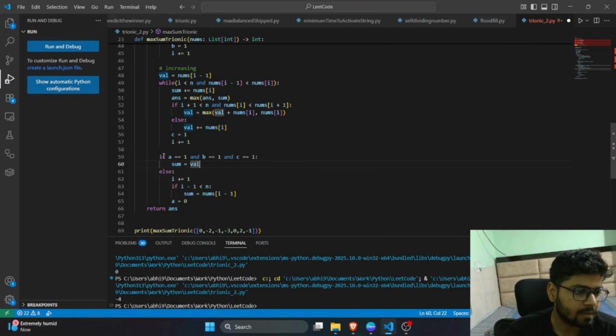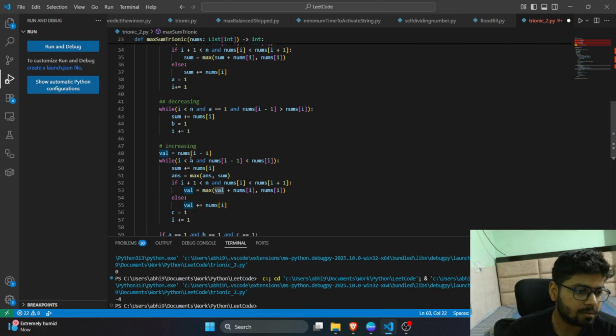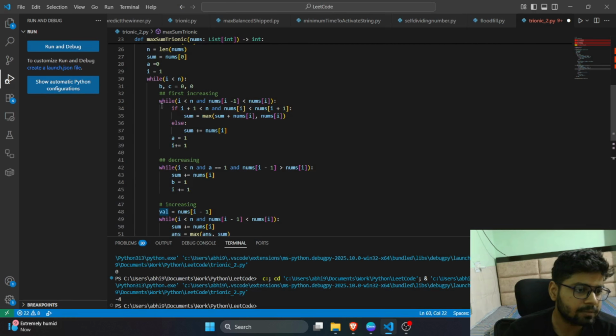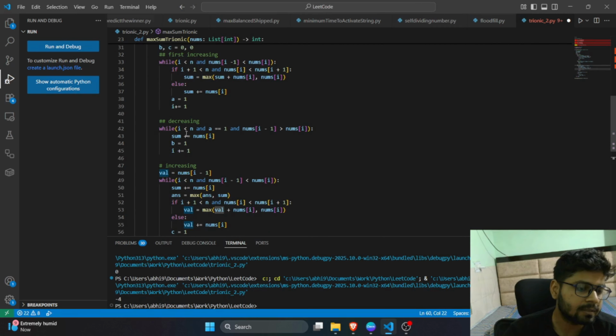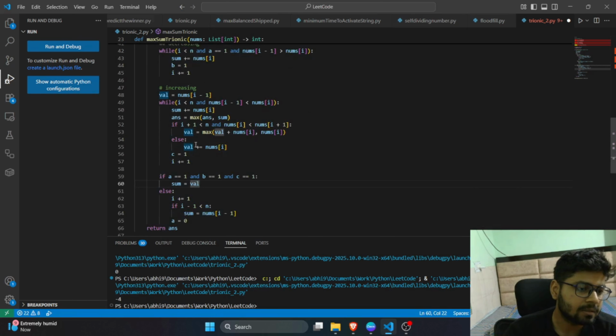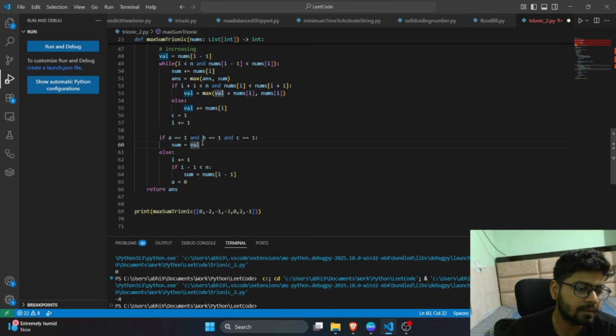If it fails to have this order itself, if it is increasing and increasing only, then it will not go through the decreasing, and it will fail here, and it will go to the else part, where it will check for another subarray that follows the same.